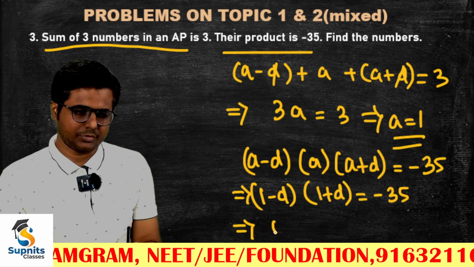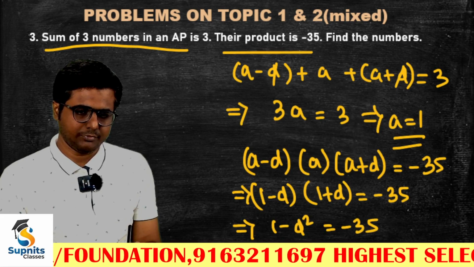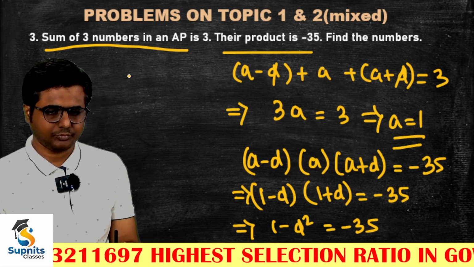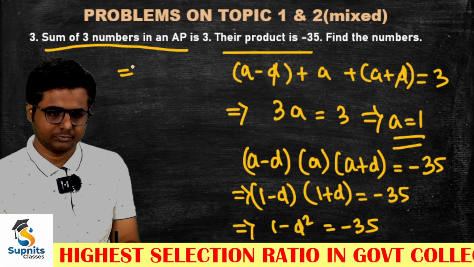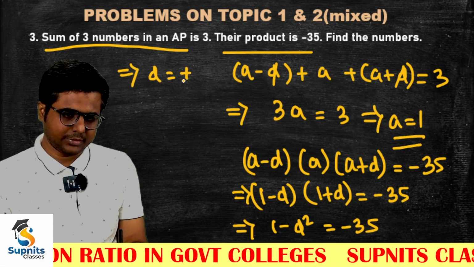So this is 1 minus D square is minus 35, and from here you can get D is equal to plus minus 6.